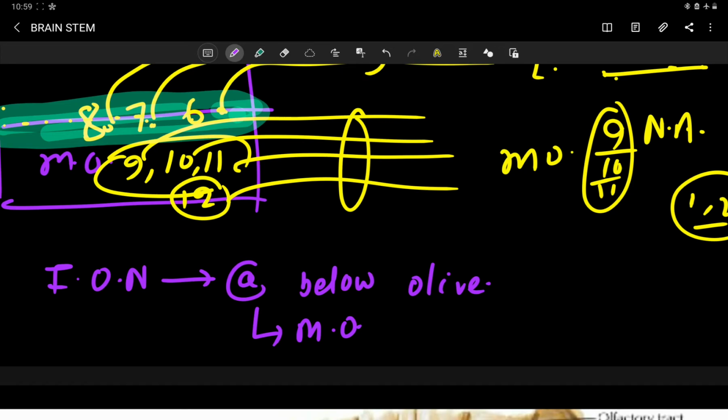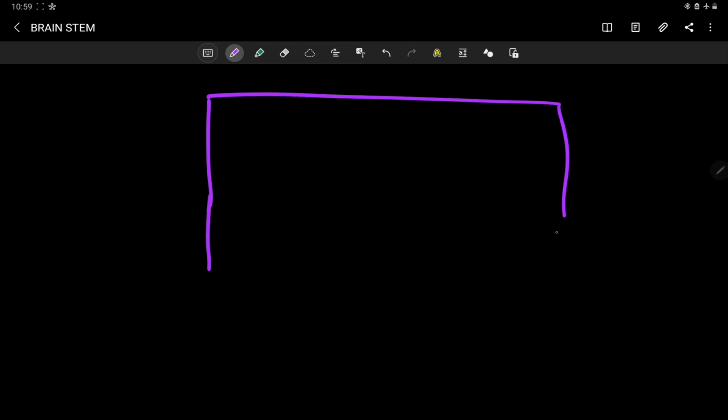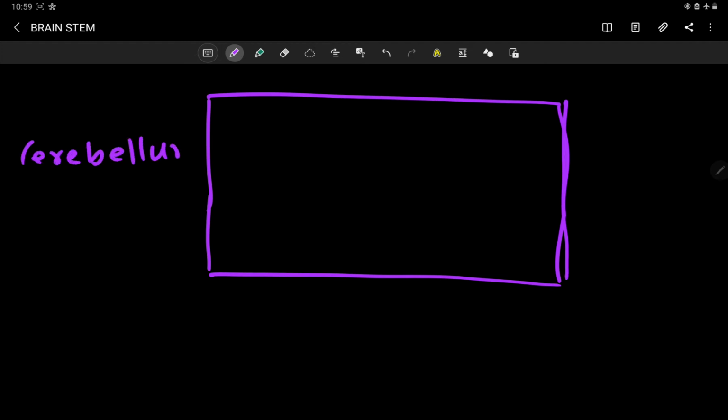Let's draw a diagram. Let's imagine this is your cerebellum, or cerebellar cortex.